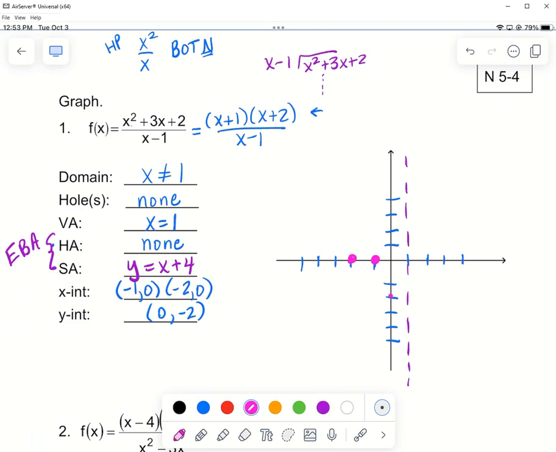My scale is not the best, but that's okay. And then we have the other asymptote of x plus 4. So we know that is going to be a line with a slope of 1. So it would hit here at -4. It would do like this. So that's what I have so far.